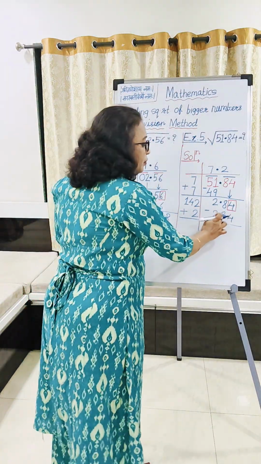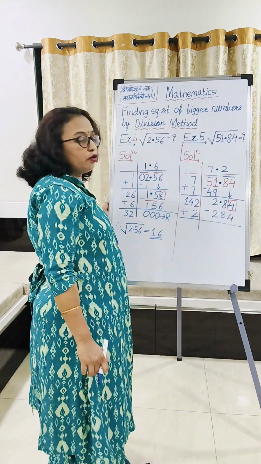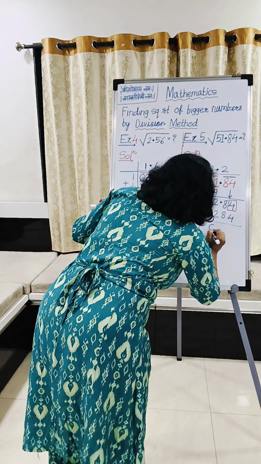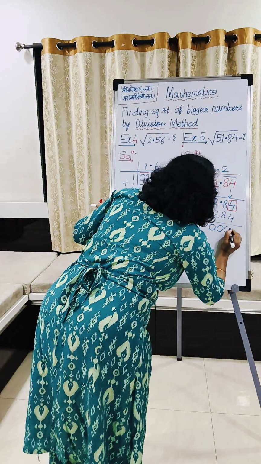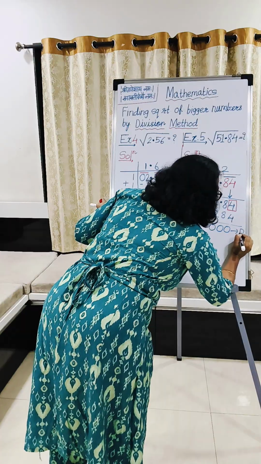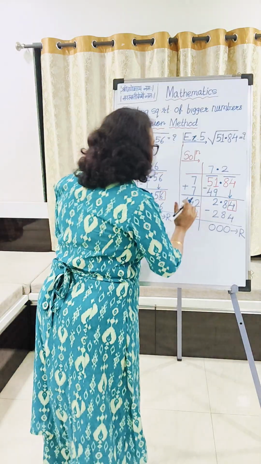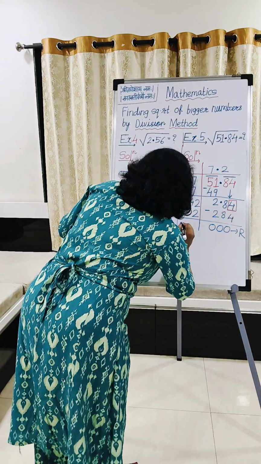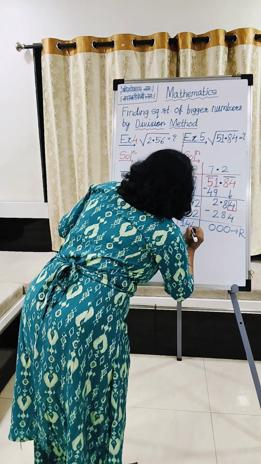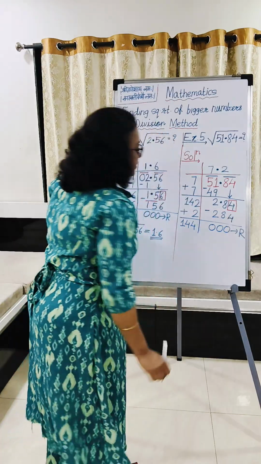So we got 284. Now subtract 284 from 284, you get the remainder as 0. Here the process is completed. Now add 2 to 142, you will get 144. Leave it as it is.